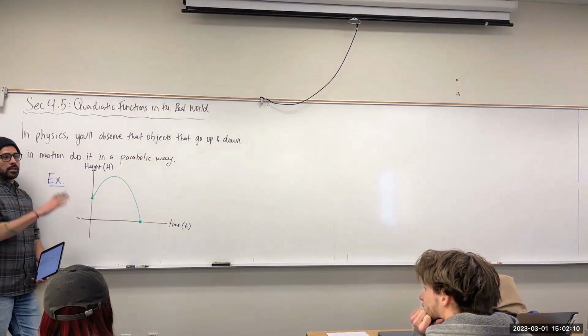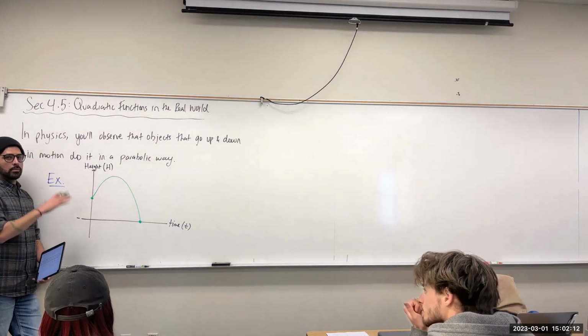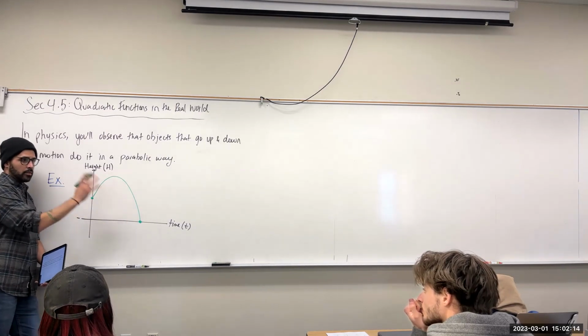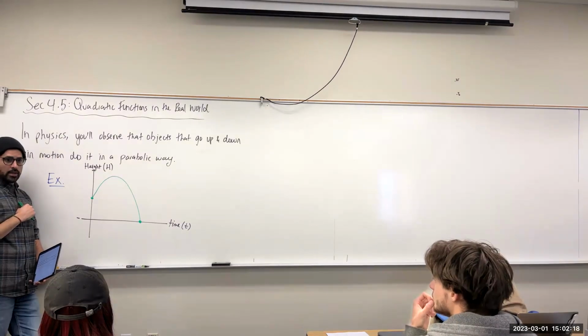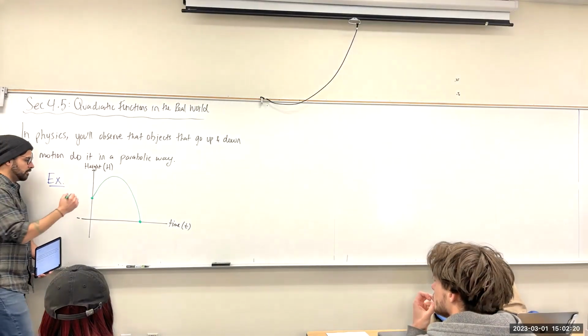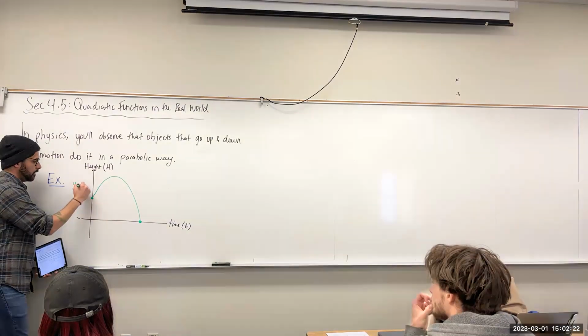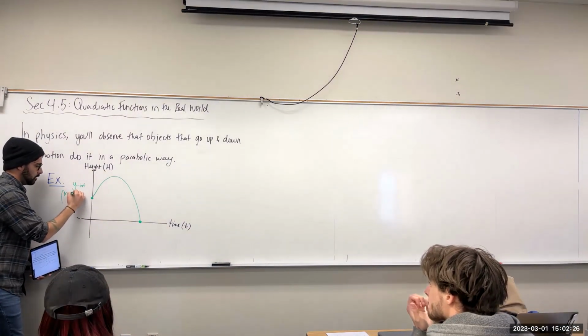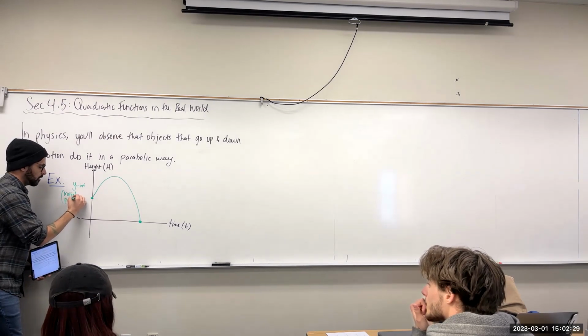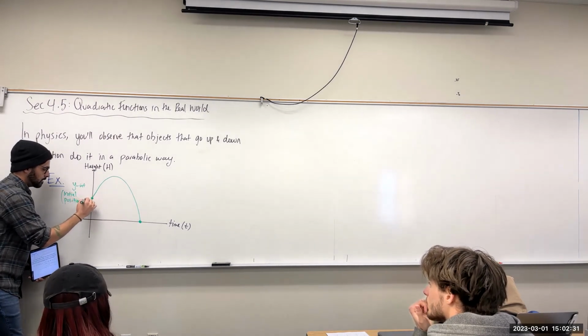Let's use all the vocabulary that we just learned about parabolas to describe this model. What is that? That's the y-intercept. That's the initial position, right? So here, the y-intercept, you're going to interpret it as the initial position, where the object was at time 0.